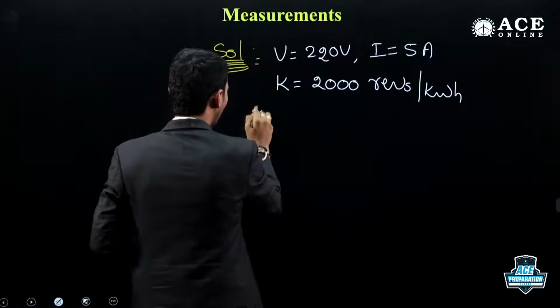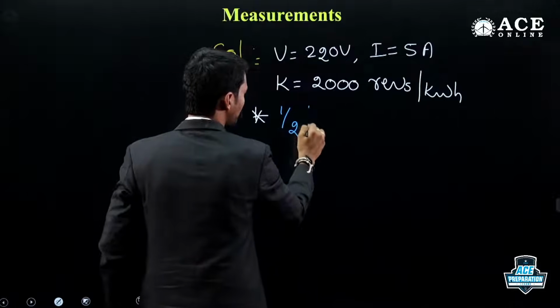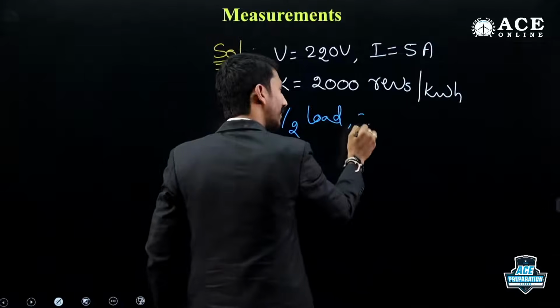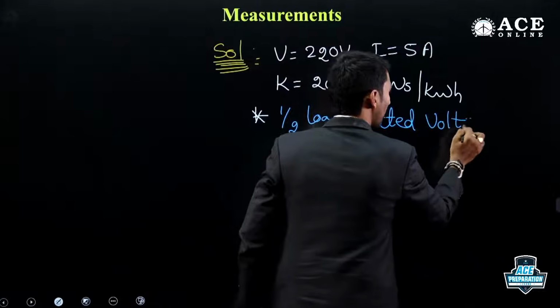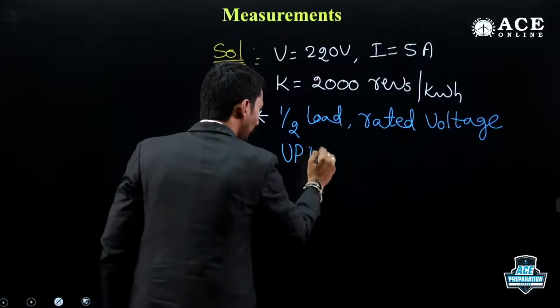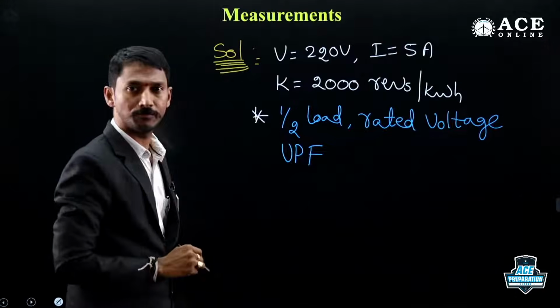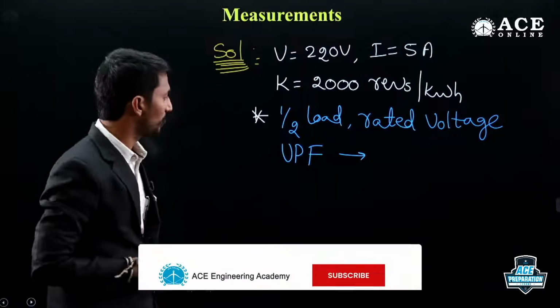So I am writing this as a note: half load, rated voltage, at UPF. How many revolutions did they observe?